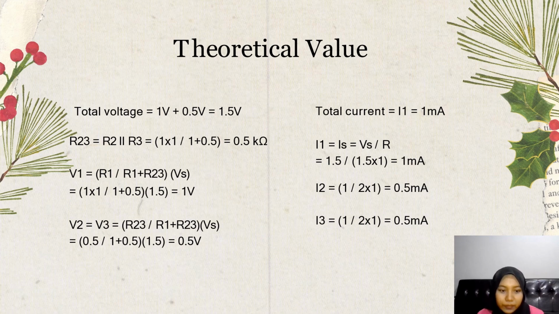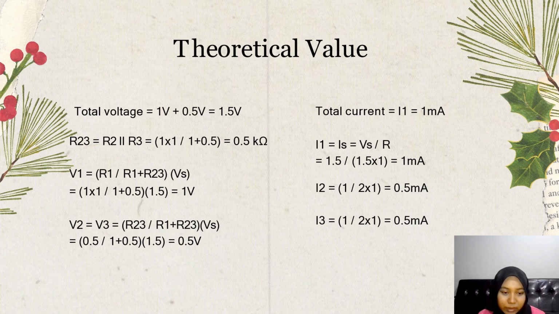To find V1, it is equal to R1 over R1 plus R23, times Vs. Vs is the total voltage. So it equals 1 over 1 plus 0.5 times 1.5, which is 1 volt.